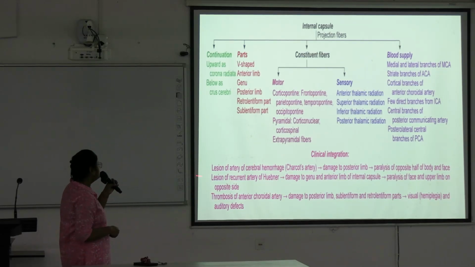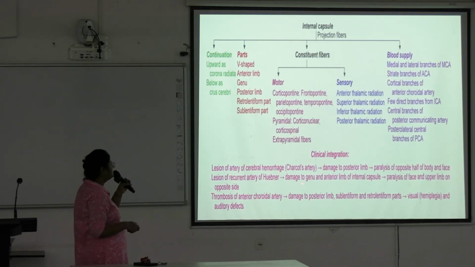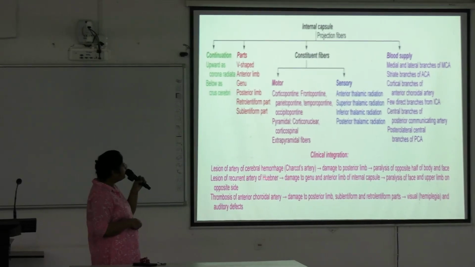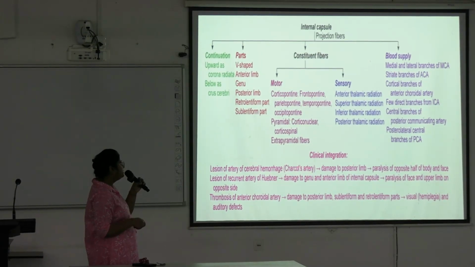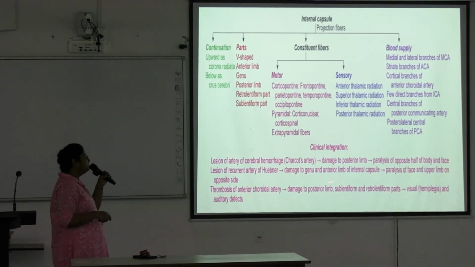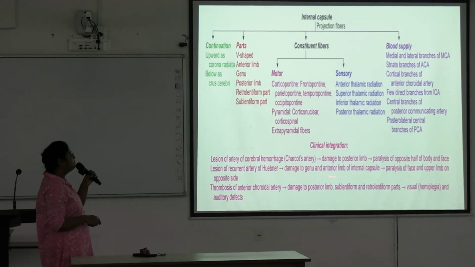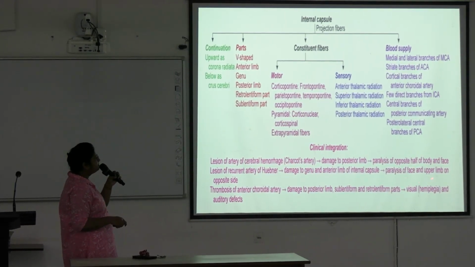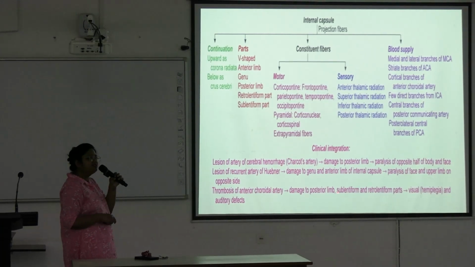Okay. So lesion of the artery of cerebral hemorrhage, which is known as Charcot's artery, leads to damage to the posterior limb and paralysis of the opposite half of the body and face. And lesions of the recurrent artery of Hubner lead to damage to the genu and anterior limb of the internal capsule and paralysis of face and upper limb on the opposite side.